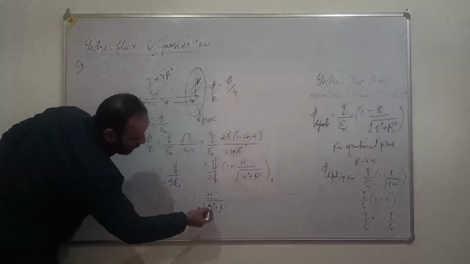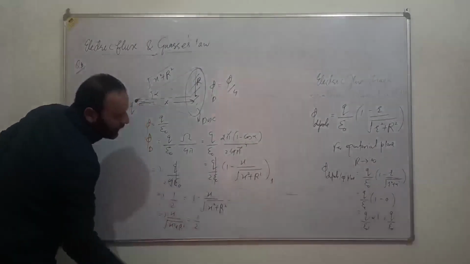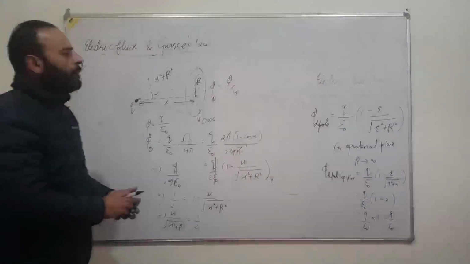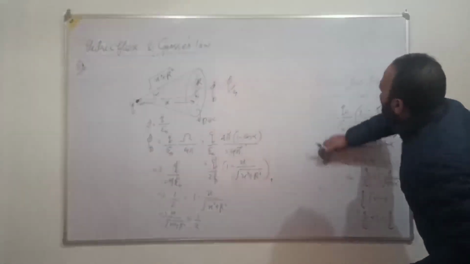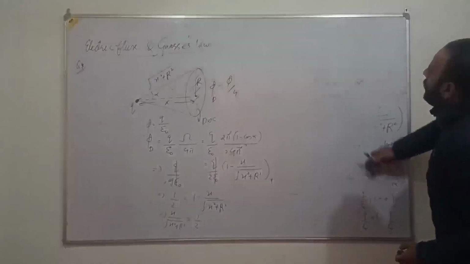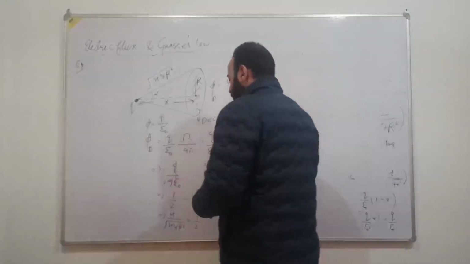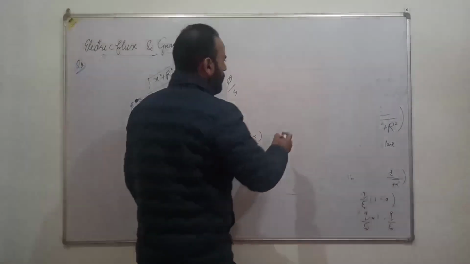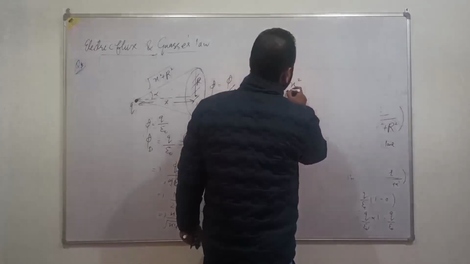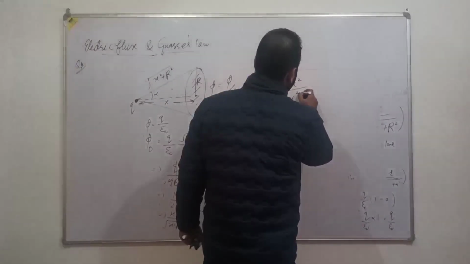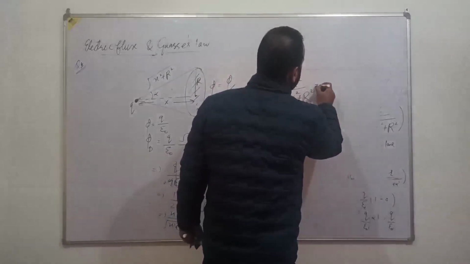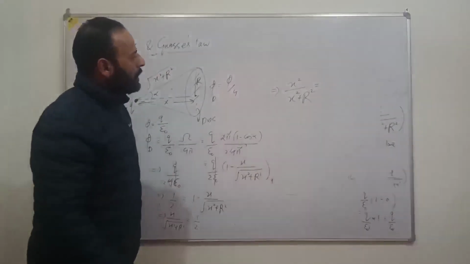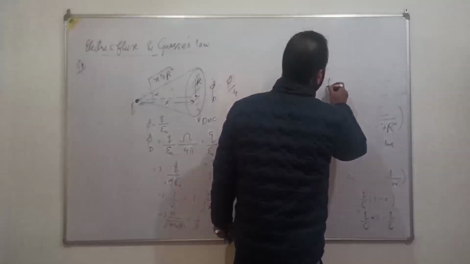Now we can shift it to this side, so x divided by under root of x square plus r square is equal to 1 minus 1 by 2, that is 1 by 2. Now, squaring both sides, x square divided by x square plus r square is equal to 1 by 4.